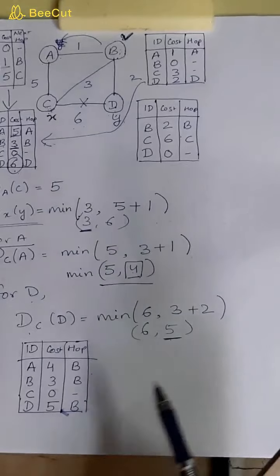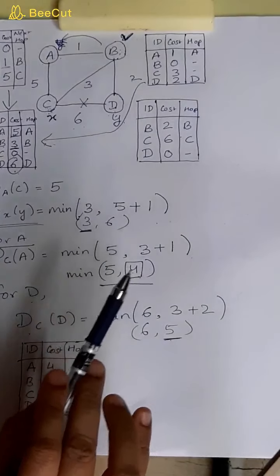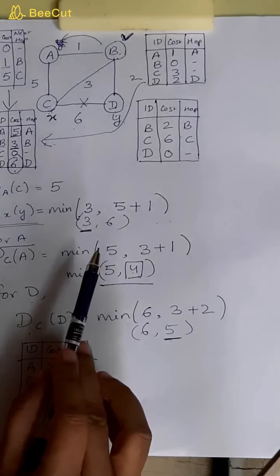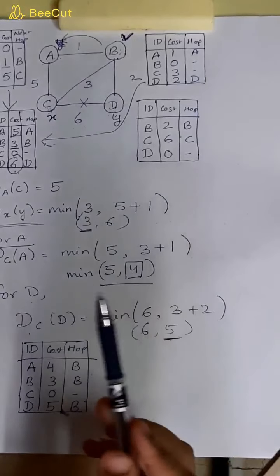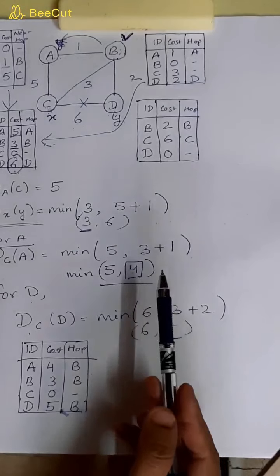So like this, tables are maintained and updated, and no node has knowledge about entire topology. Okay, so after one message exchange, each node knows about nodes 2 hops away. After 2 message exchanges, each node knows about nodes 3 hops away, and so on.